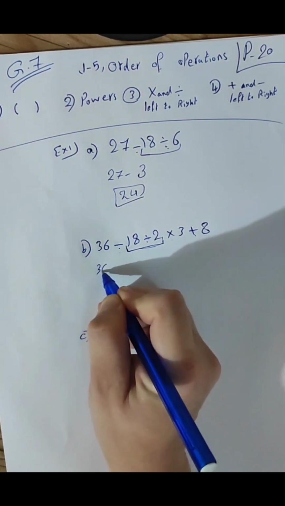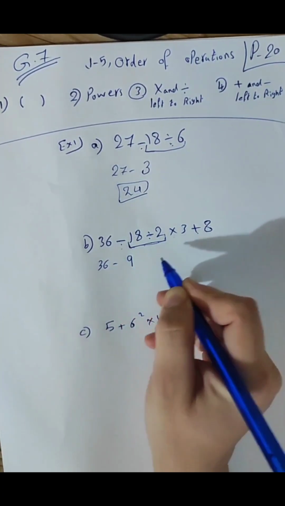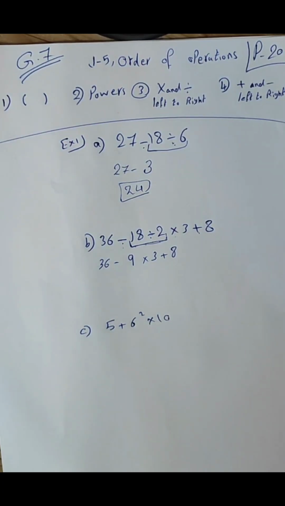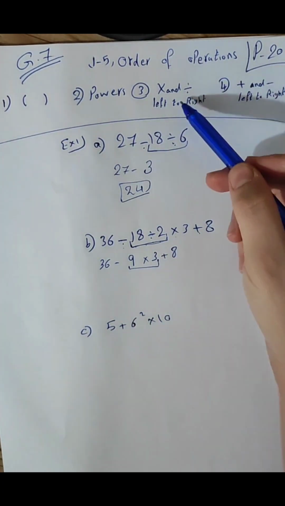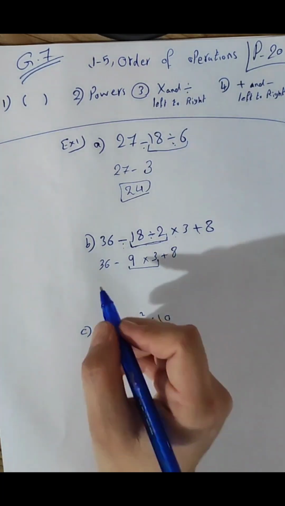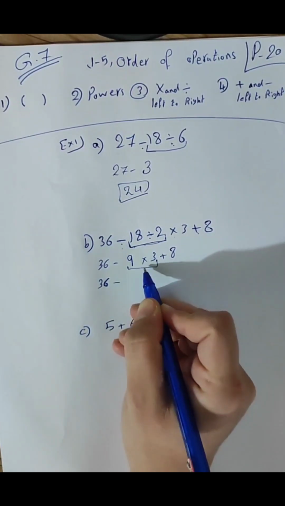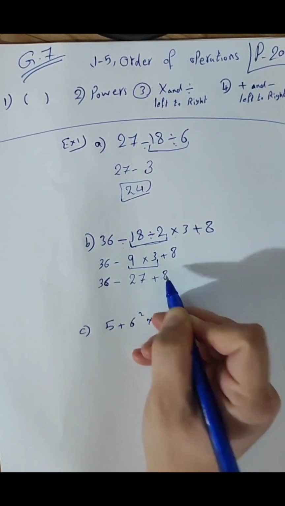Then you should write all of them, and 18 divided by 2 is equal to 9, and times 3 plus 8. Then you should solve times, multiply, because step 3 we have times, then minus and plus. This is 36 minus 9 times 3, 27 plus 8.